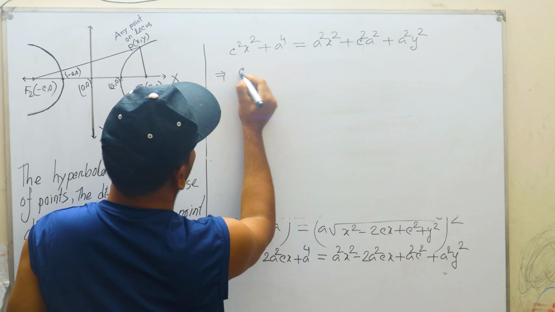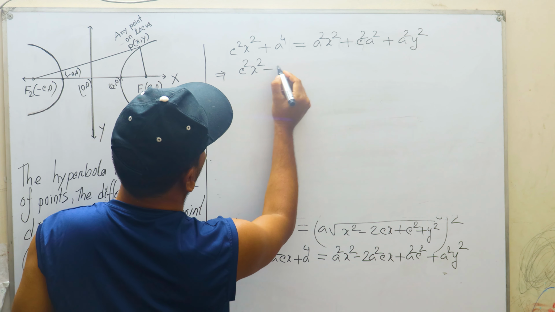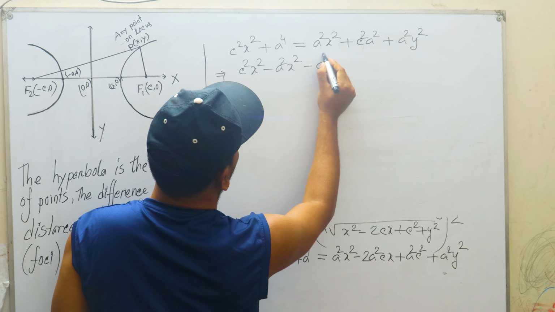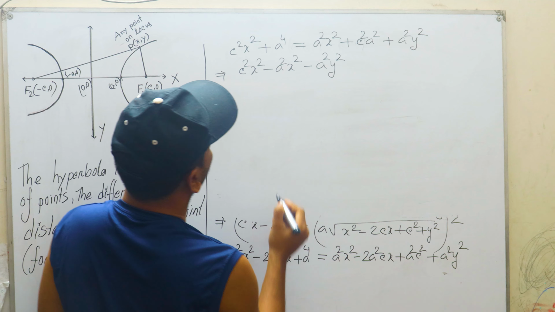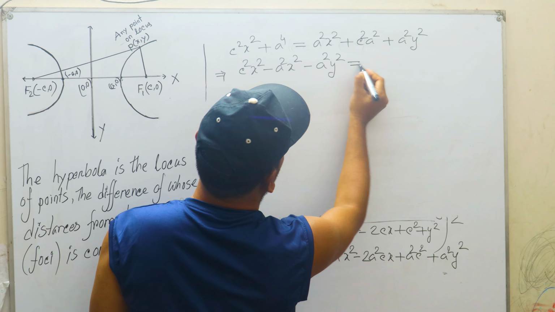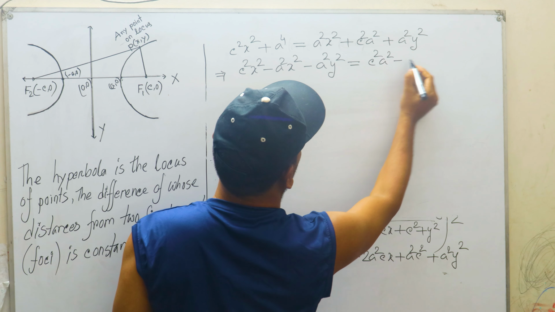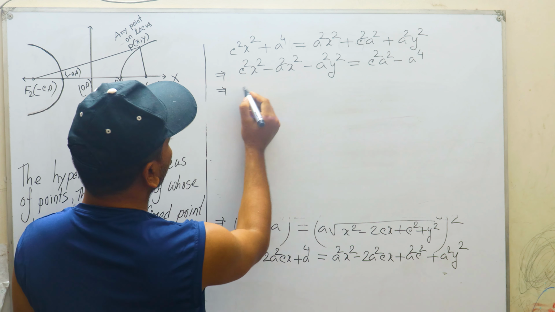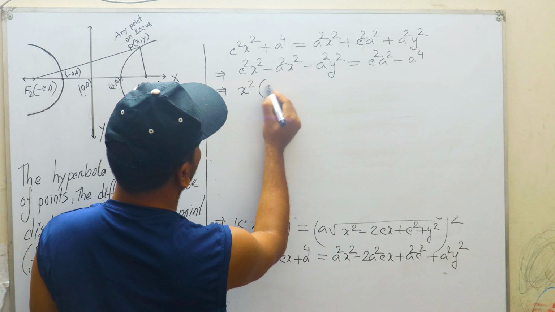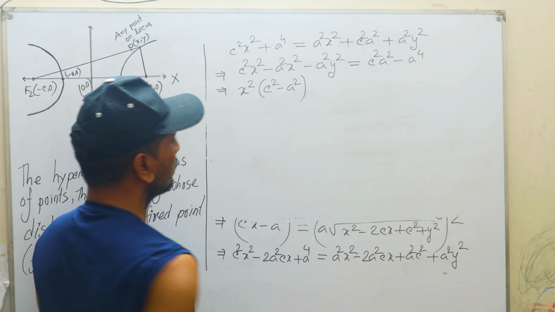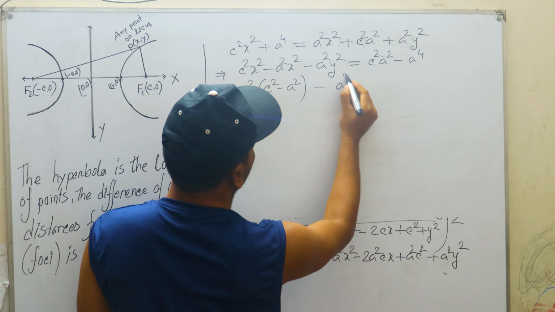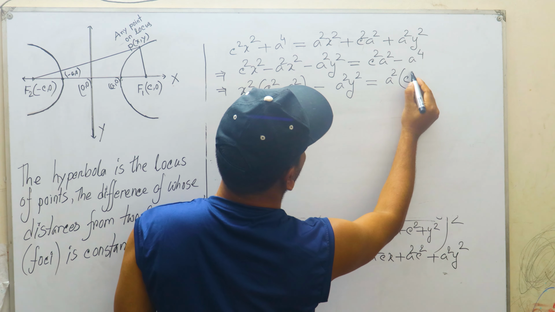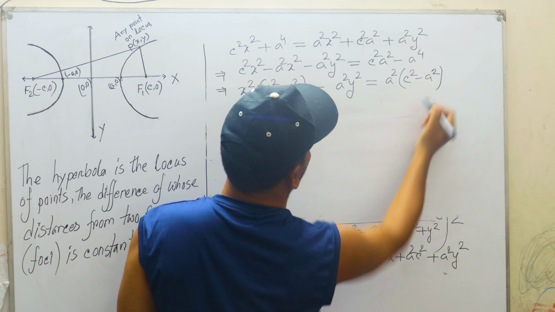So c square x square minus a square x square minus a square y square equals c square a square minus a power 4. Now x square is common: it will be (c square minus a square), and here will be a square y square, and a square is common on the right: (c square minus a square).